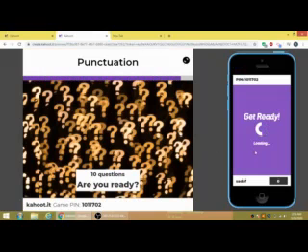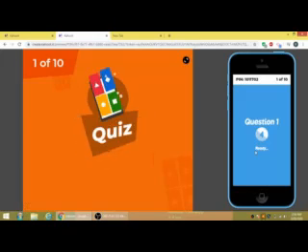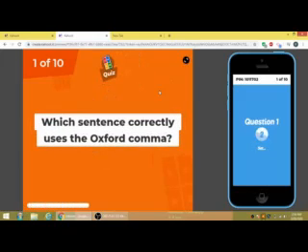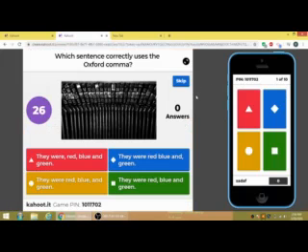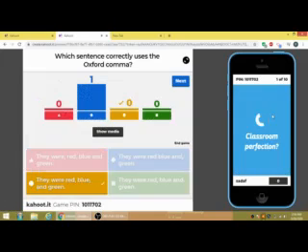For example, the topic is punctuation, and the first question is, which sentence correctly uses the Oxford comma? You have to give the answer within 30 seconds. And these are the cards: red, yellow, blue, green.